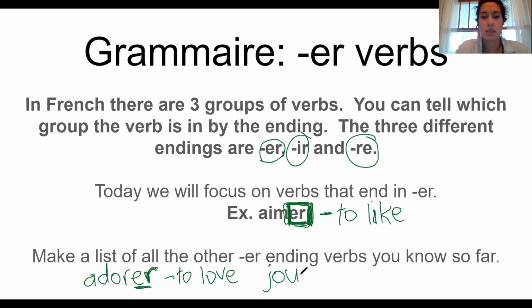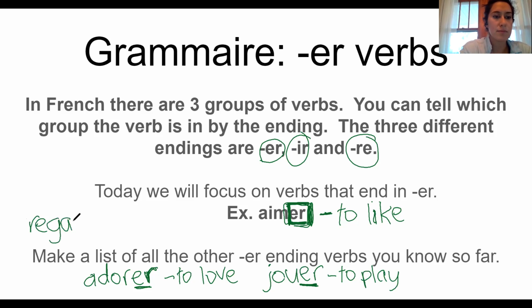We haven't done it a lot, but a little bit. Jouer, which is to play, like jouer au jeu vidéo. Oh, I know a big one. Regarder. Which is to watch, like to watch TV.